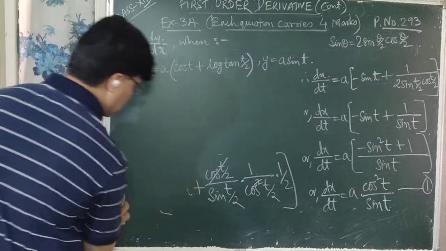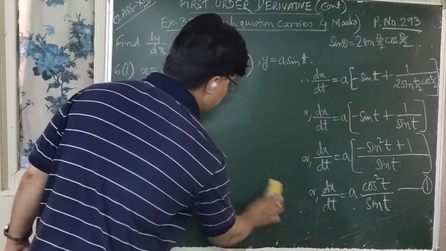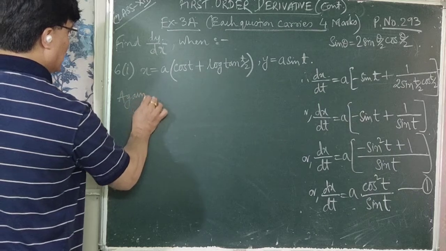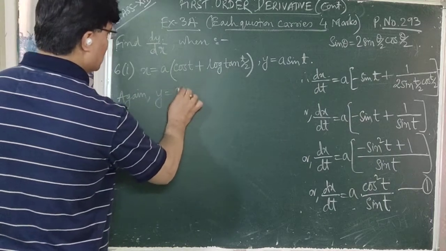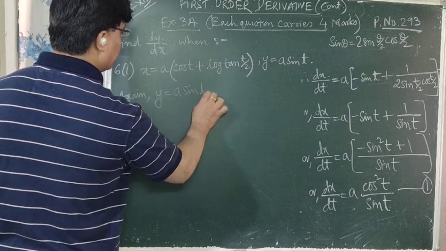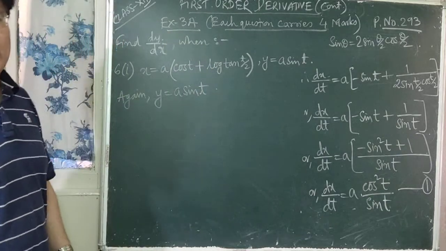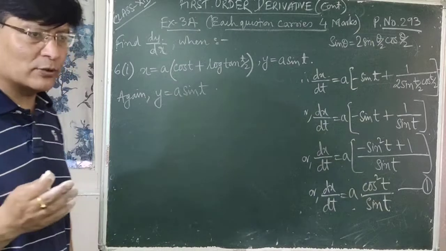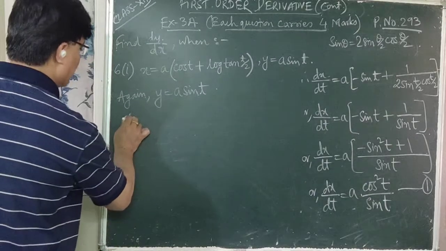That's the first function. What is the next function out here? It is given y. So again y is equal to a sin t. Now again you have to get the value for dy/dt. So differentiate both the sides with respect to t now.